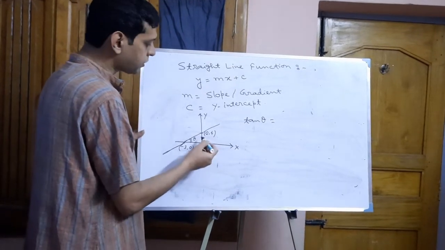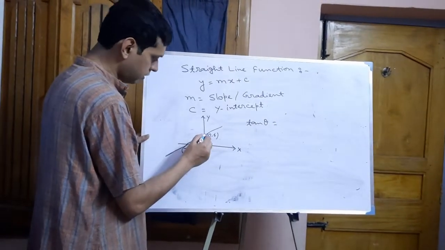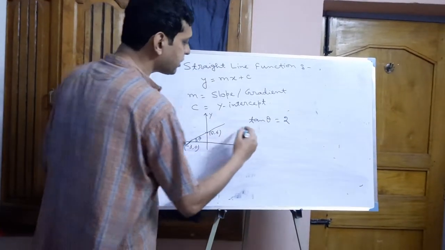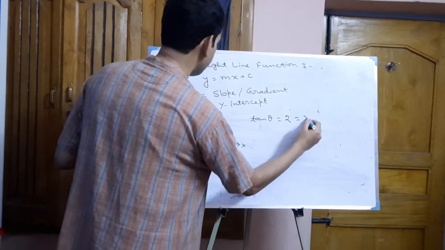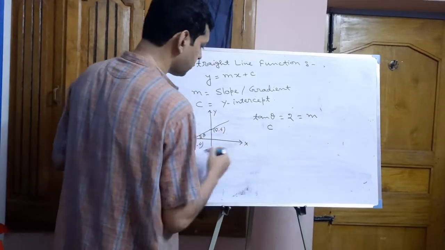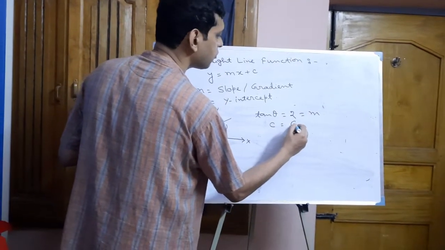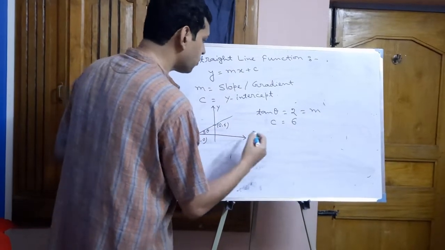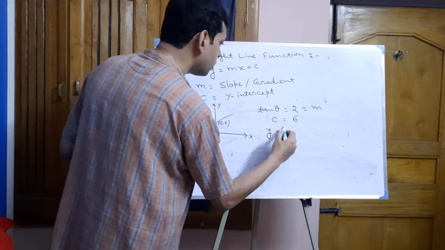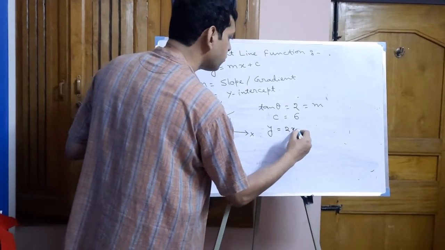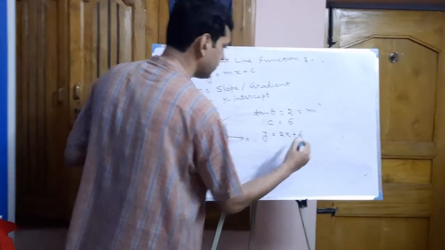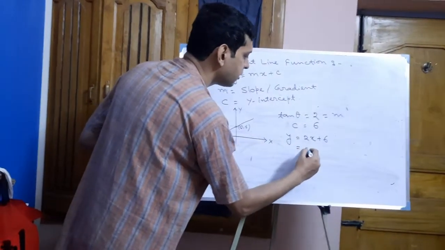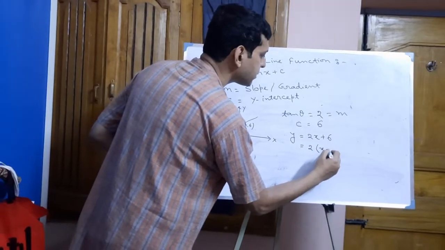The magnitude of tan theta equal to here 6/3 equal to 2, and this is equal to m. The y-intercept c equal to 6 units. So the equation of this straight line is y equal to 2x plus 6. So we can write it as 2 into (x plus 3).